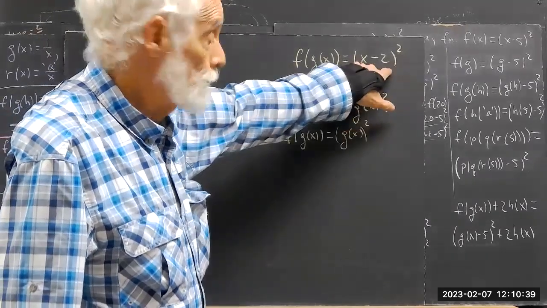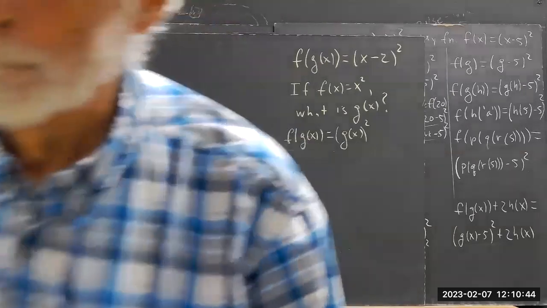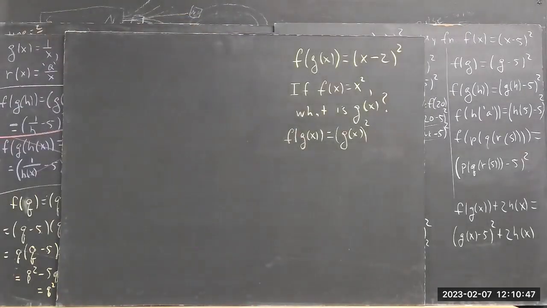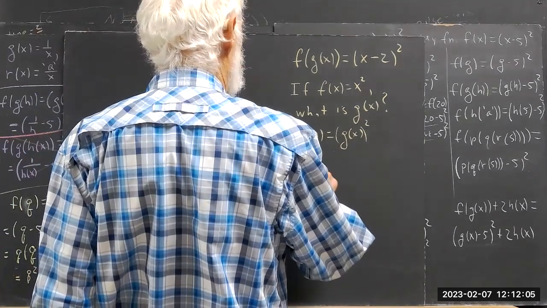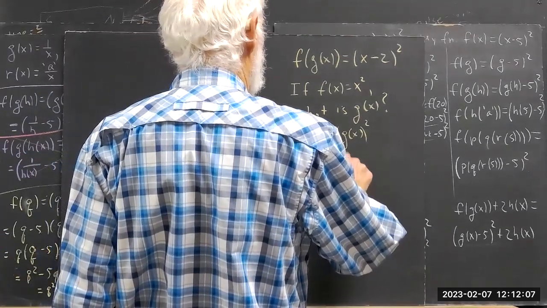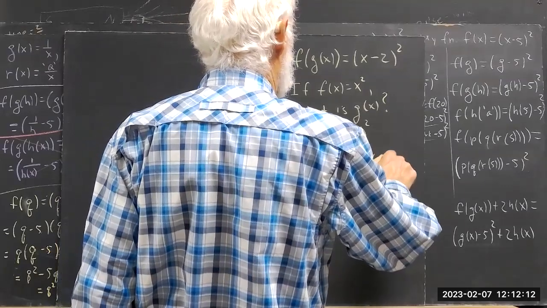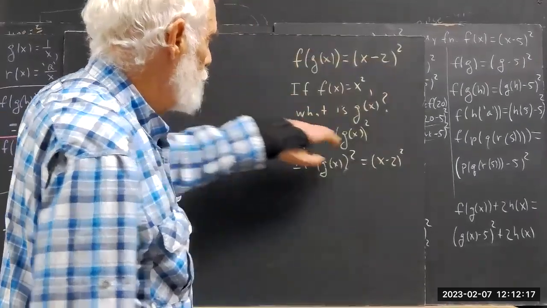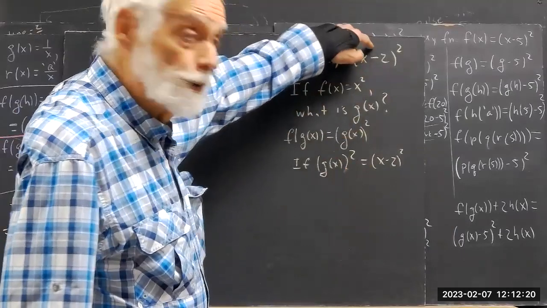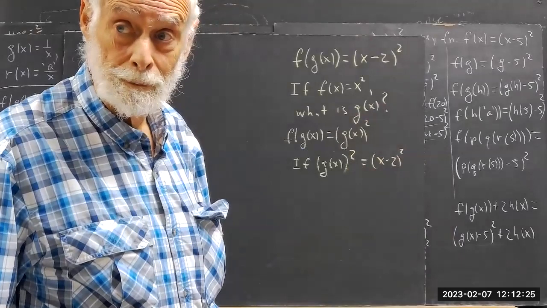Well, if this equals this, write down what g of x has to be. f of g of x equals this, f of g of x equals this, so this has to equal this, right? g of x squared equals x minus 2 squared.